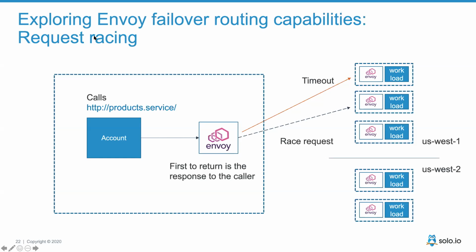And the request racing or hedging part of the description is that whichever of those two calls returns first will be the response that gets returned to the caller. So in this scenario, we're hedging our bet that, hey, this thing timed out, it might not return. Let's quickly call out to something else and see if that returns faster. If it does, let's return the response. And hence the name racing as well. So when things start to look bad, Envoy can respond by hedging its bet.